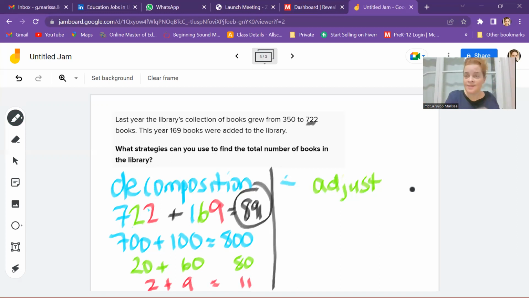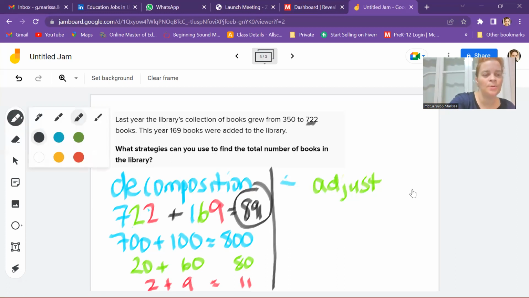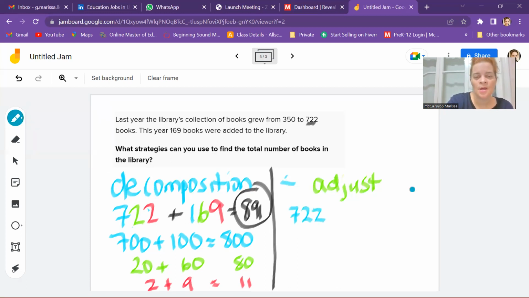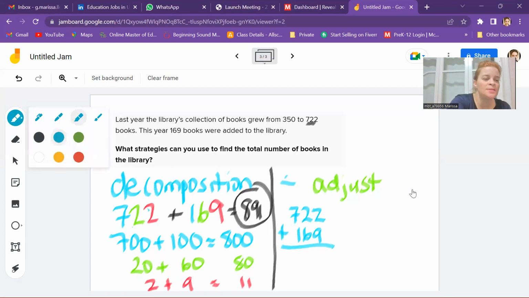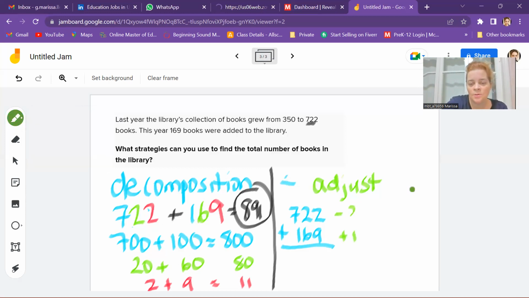Okay, the other way is the adjusting. And remember, when we adjust an addition, we have to add and subtract the same number, right? Okay, so let's say we have 722 plus 169. Which number should I add or subtract? 1? Okay, so I'm going to add 1 here and subtract 1 here.